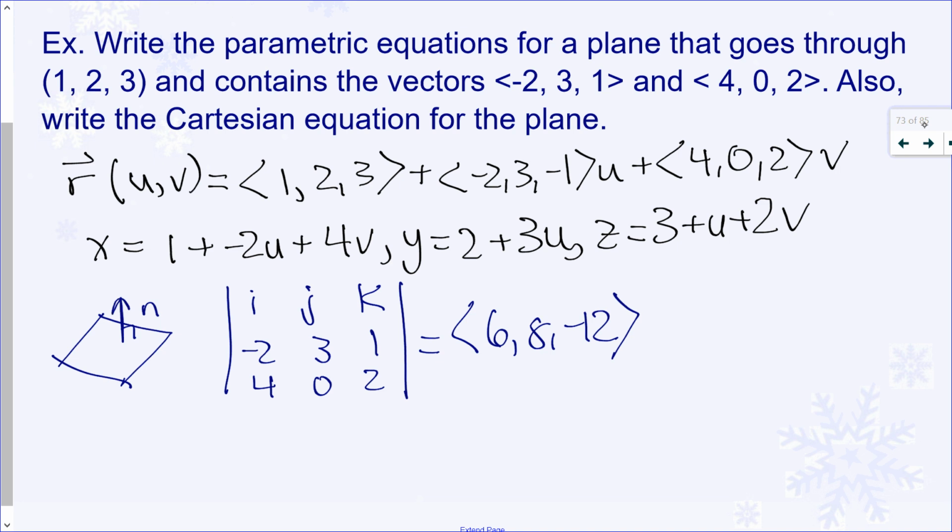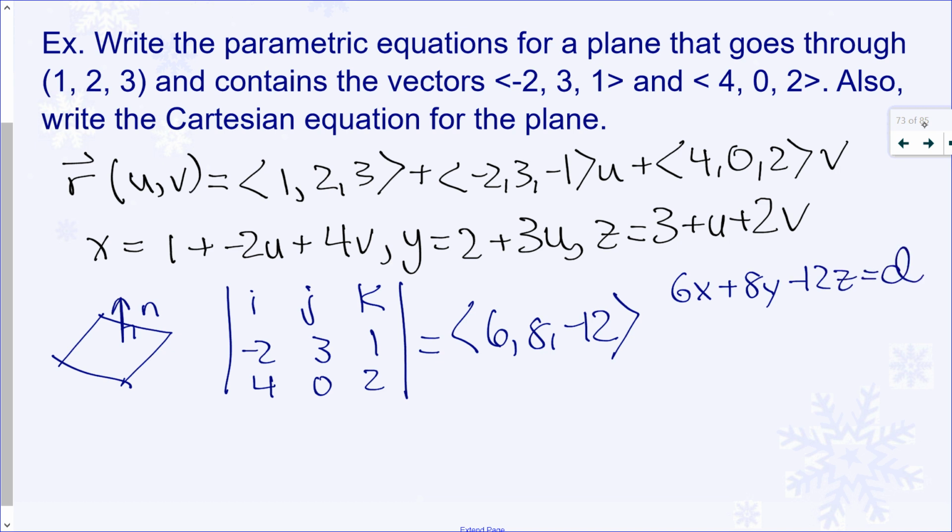So the cross product, we just got a bunch of experience doing it with the del yesterday. So we get 6 going for the i, positive 8 for the negative j, and the k is going to be negative 12. So it's 6x plus 8y minus 12z equals d.